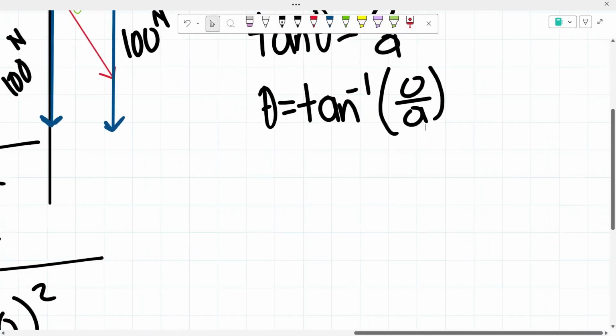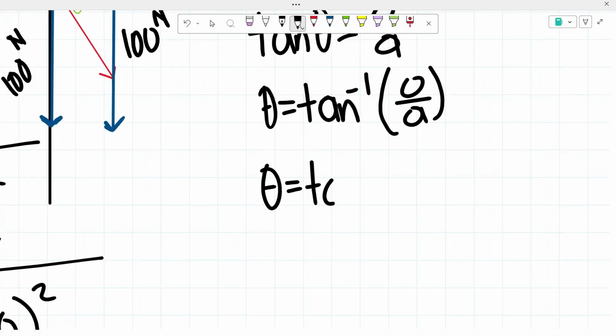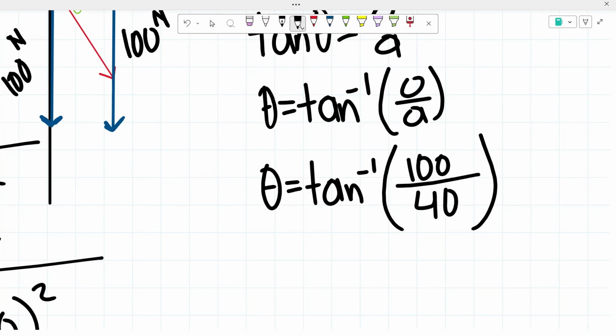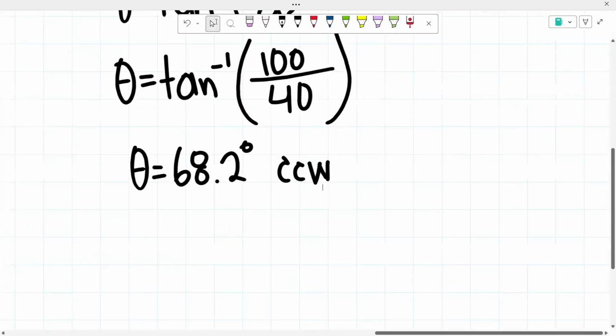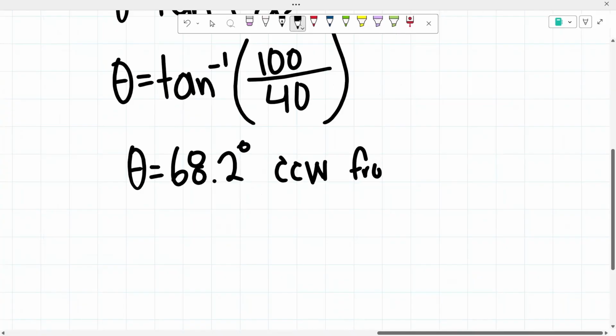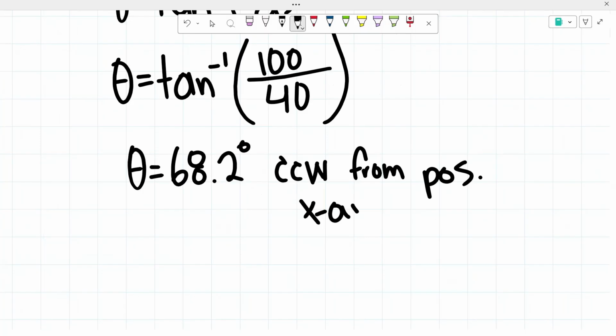So we input our information into that equation. So that means that theta is equal to the tangent inverse of 100 over 40, giving us that theta is equal to 68.2 degrees going counterclockwise from the positive x-axis.